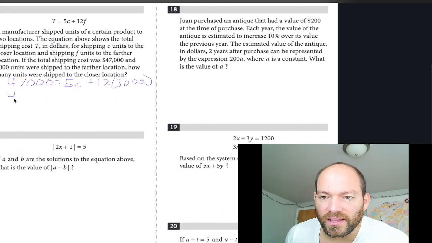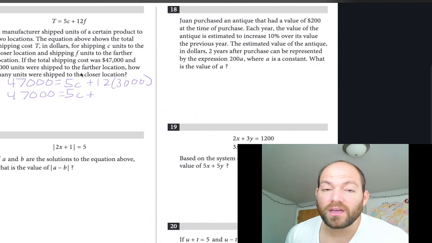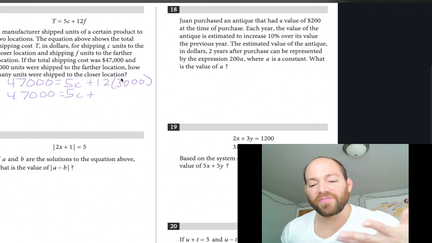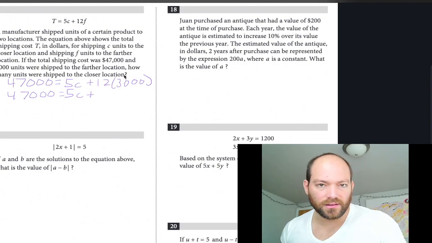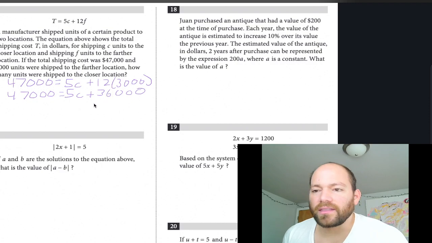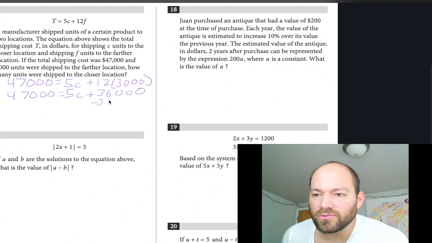Even though it's an easy mode question, I'm still going to treat it with the respect of writing out the steps. Because also now this is not multiple choice anymore, so we don't have that safety net to save us. So gotta be careful here. 36,000. And now let's just subtract 36,000 from both sides.